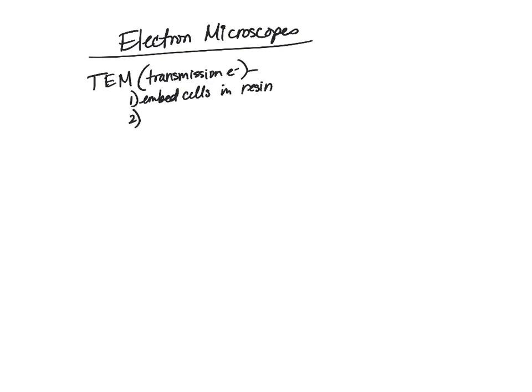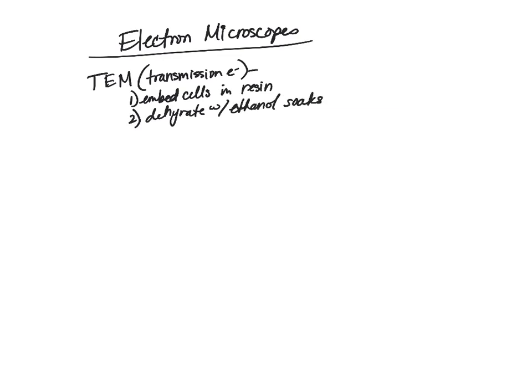We have to slice these so very thin that even using the thinnest, most delicate cutting tool, a diamond knife, would destroy the cells. So we have to embed them in resin, and then we have to dehydrate the sample. But you can't just take all the water out, otherwise you're going to ruin the way that the sample looks. So we dehydrate with ethanol soaks.